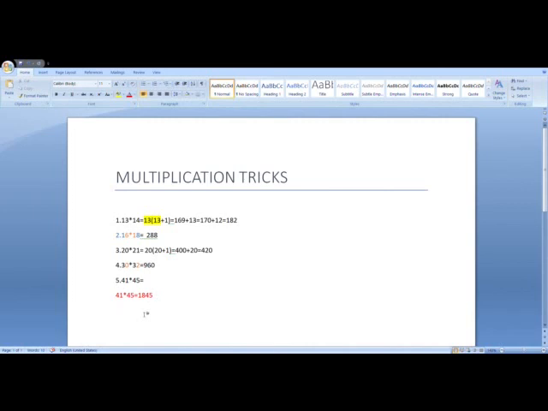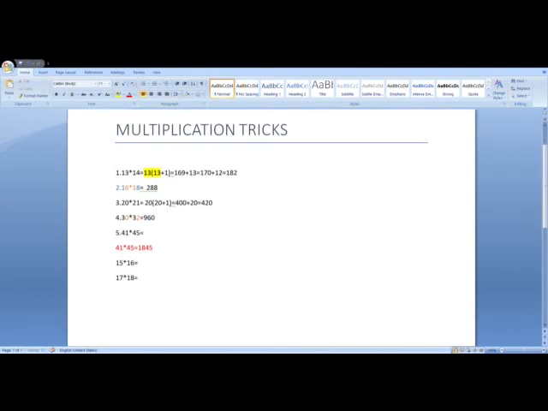Let me give you some questions so that you can practice: 15 into 16, 17 into 18, 18 into 19. If you want to do all these very easily, first know the squares of numbers from 11 to 20, or 1 to 20. 1 to 10 is already very easy, as I told you in the first topic.